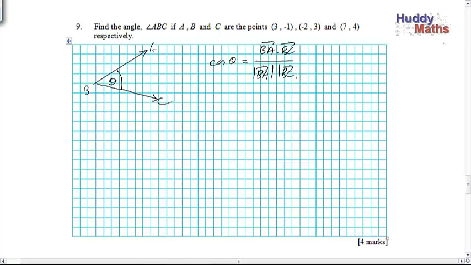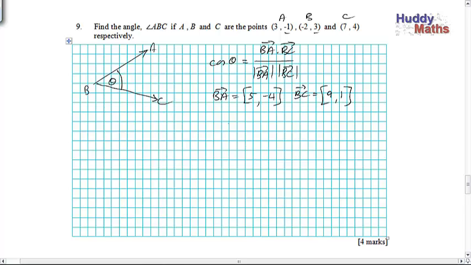Okay, so we need these vectors. Let's work them out. This is A, B and C. So BA, B to A: x value of A minus x value of B. So that's going to be 5 take -2, and -1 take 3, so (7, -4). BC, that vector coming out: 7 take -2 is plus 9, 4 take 3 is 1.